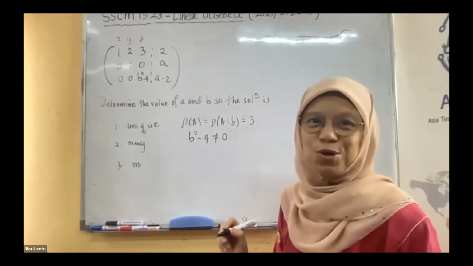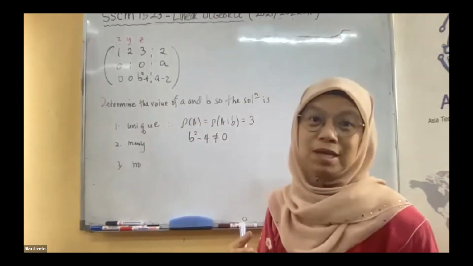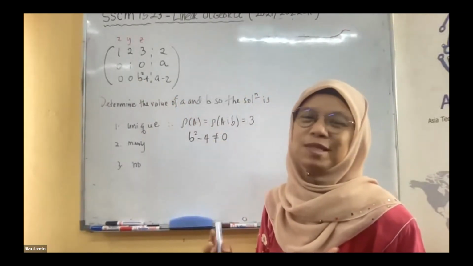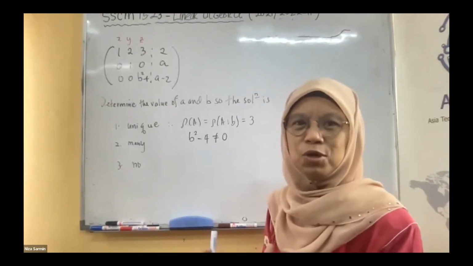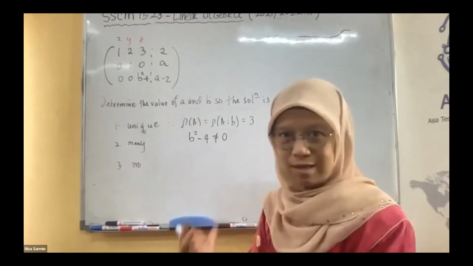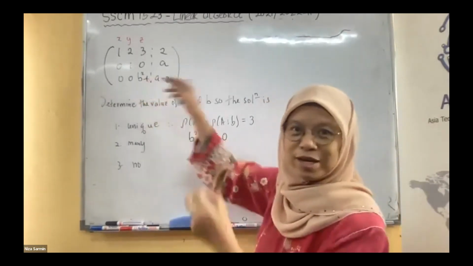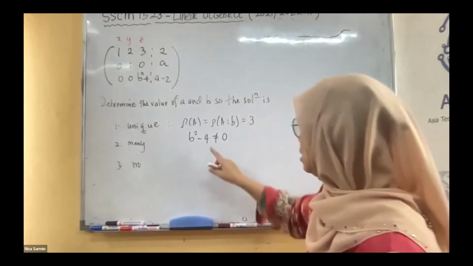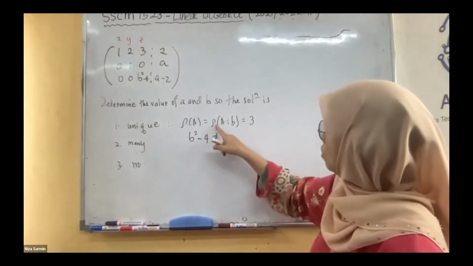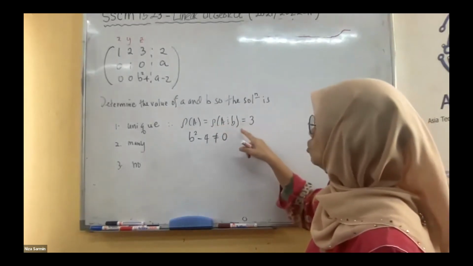If this is 0, then the rank would be 2, automatically. Why don't I say it equals 1? Because it can be anything other than 0. If this is like 10, you can reduce again, divide by 10, then you get 1. So this is not 0. How can you get the rank of the augmented matrix to also be 3?